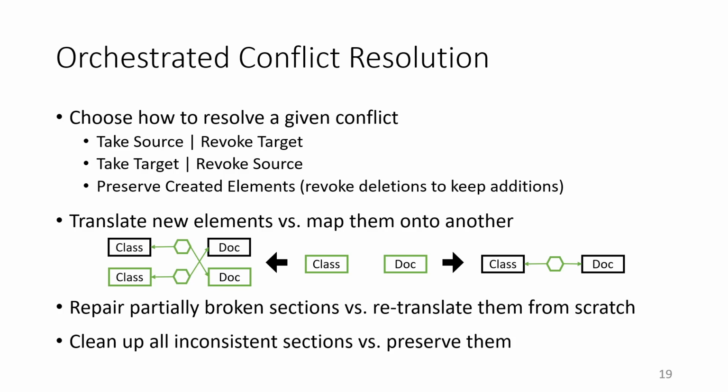And then changes, for example, such as refactorings from the last slide, only break very small sections of your model or only small parts, which we actually can repair for you. However, if you decide to also retranslate them, of course you can do that. And finally, we can always clean your models so that they are again consistent to your TGG. But if you want to keep some inconsistencies to fix them later, for example, you can of course also configure this.